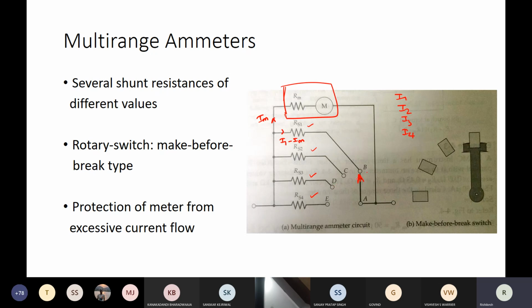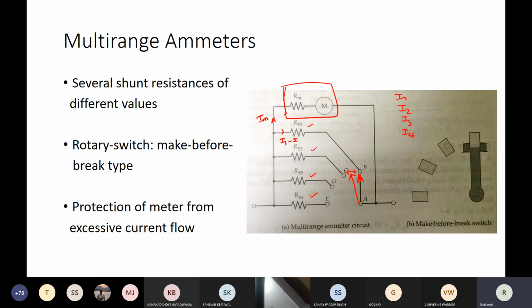But the problem associated with this is that at the moment of choosing one range over the other, when I'm moving the switch, remember these are mechanical switches. So there is a finite time gap between disconnecting from node B and connecting to node C, right?